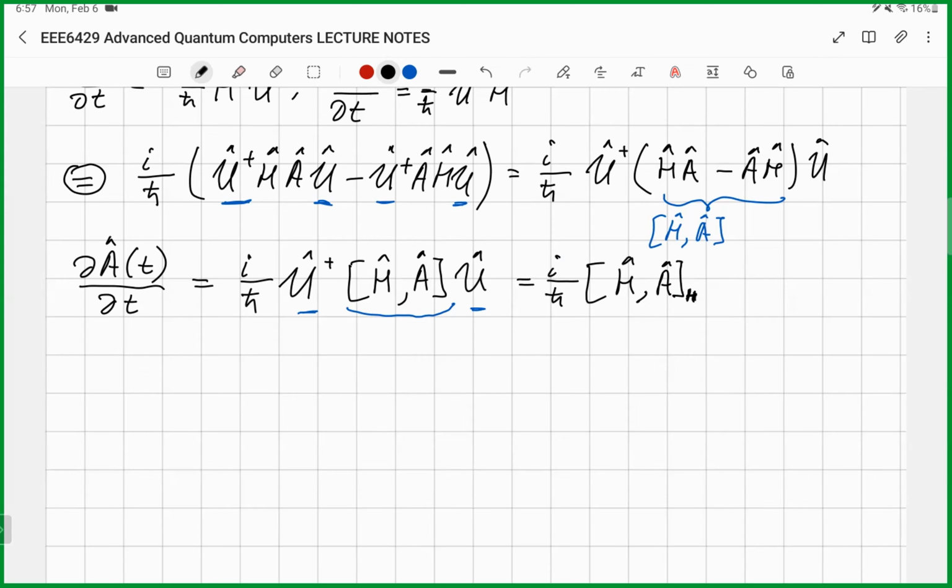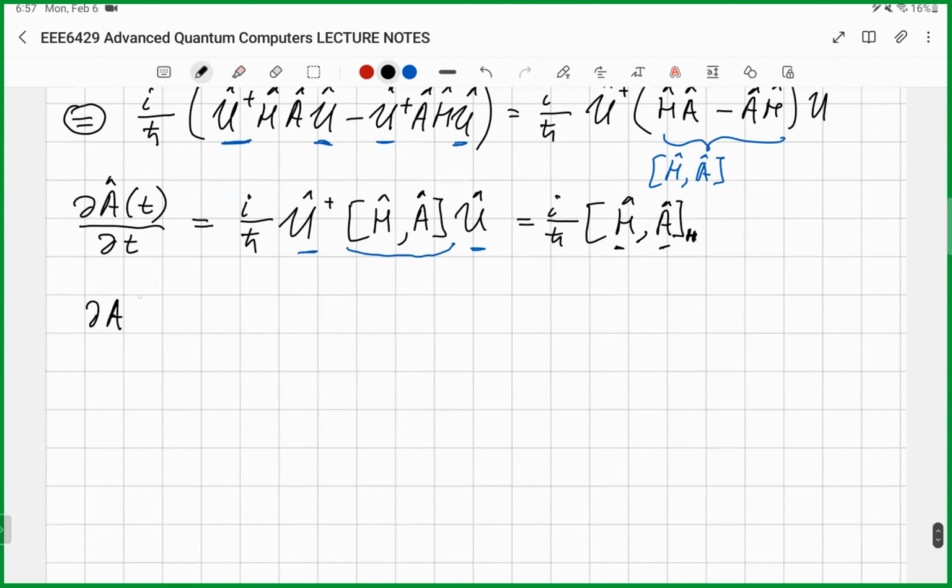Usually this Hamiltonian doesn't depend on time, and the only operator that changes when we change the picture is this operator A. So usually this can be written in this form: i over h, and here this Hamiltonian and the operator A depending on time.